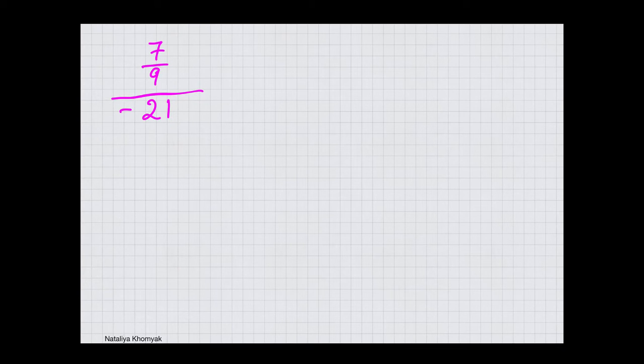So the very first thing is simplify signs. So we have positive divided by a negative. The whole thing will be negative. Keep the first fraction as is, 7 out of 9, divided by 21.